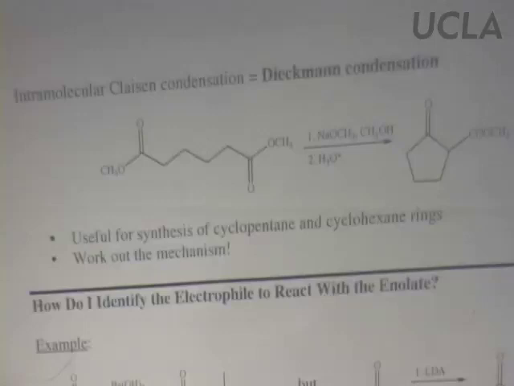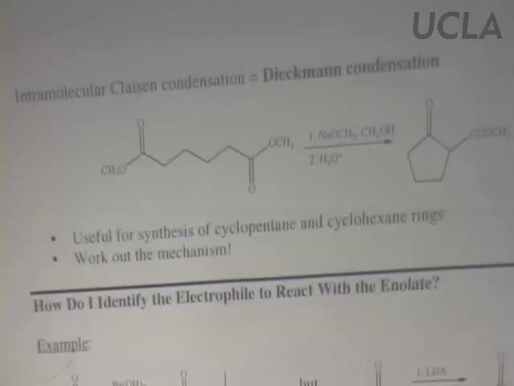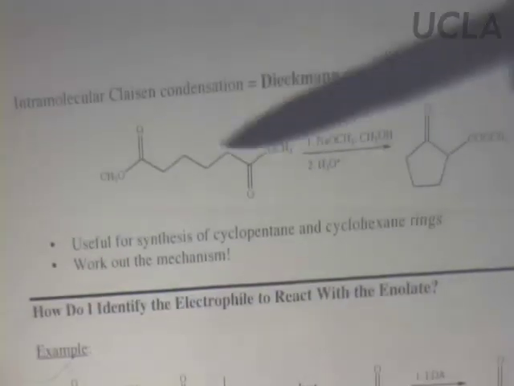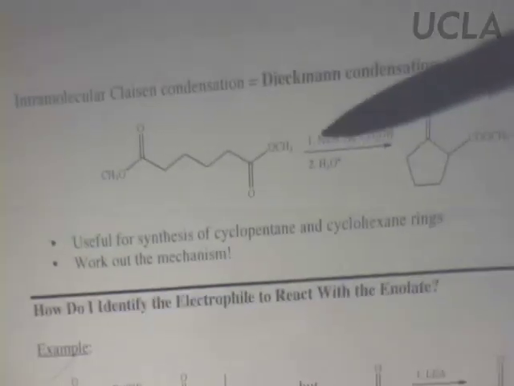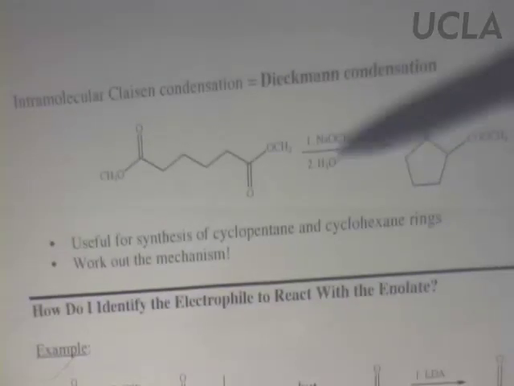The Dieckmann condensation is just like the Claisen condensation, except it's intramolecular. It occurs within the molecule. Now, if you take 2 esters that are connected to each other by a carbon chain, and bring them together to make a new carbon-carbon bond, what you've done is form a ring, which is what the Dieckmann condensation does. So here are 2 esters, same sequence of reactants, base, followed by H3O plus.